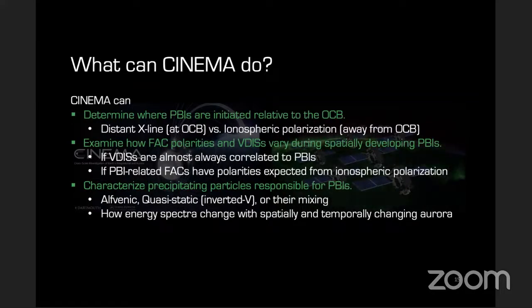For instance, the particle data can differentiate acceleration processes: Alfvénic, inverted-V, or their mixing. In addition, multiple satellite constellation would allow us to study how such energy spectra change with dynamically developing meso-scale aurora.